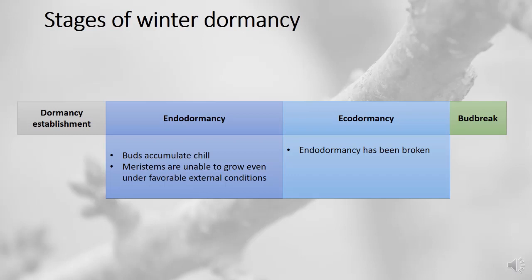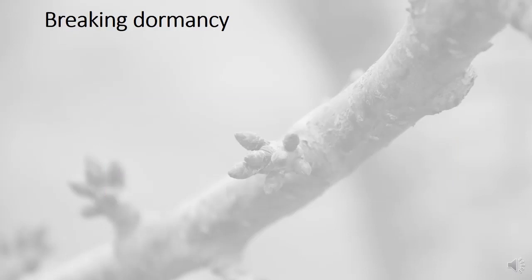This changes during ecodormancy. This is after endodormancy has been released, has been broken, and buds are now receptive to heat, and the meristems can resume growth after they've become exposed to sufficient heat.